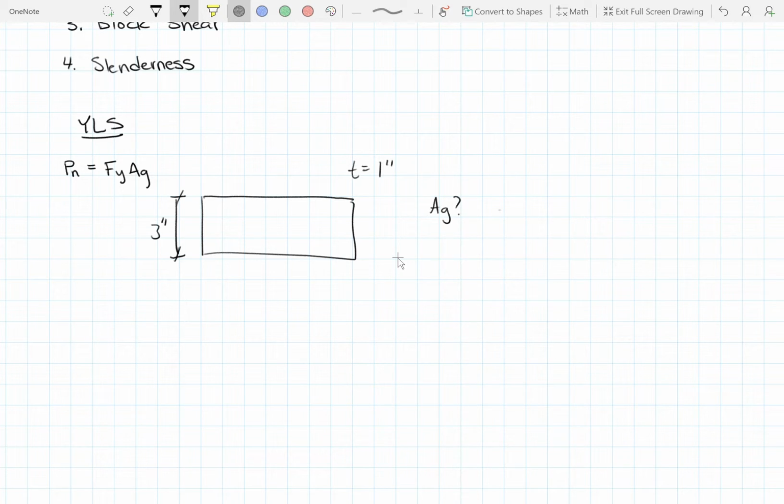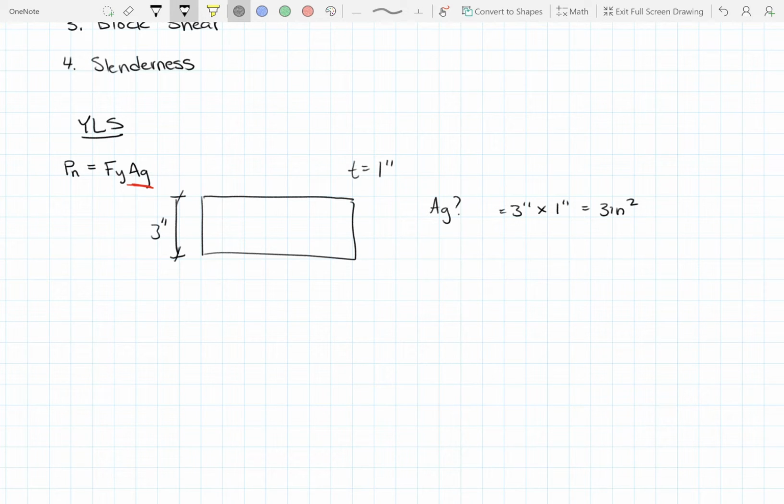Well, it's just going to be equal to 3 inches times 1 inch, which is 3 square inches. And that's how you calculate it. You don't account for bolt holes in the yielding limit state. You just use the gross cross-sectional area. Do not use the net cross-sectional area here.